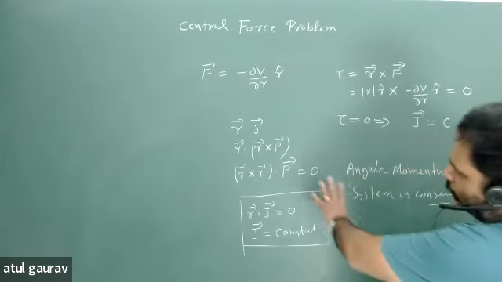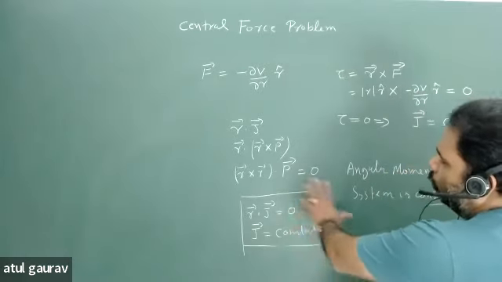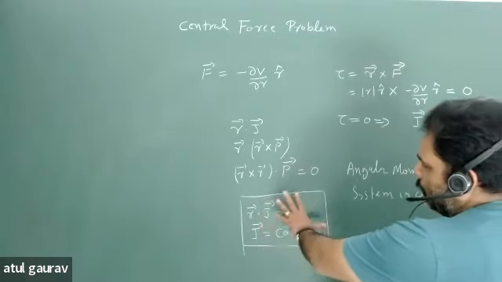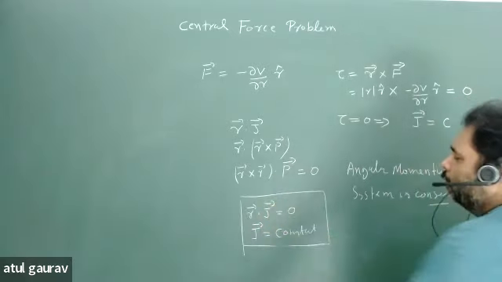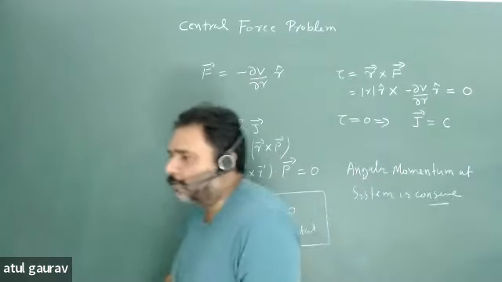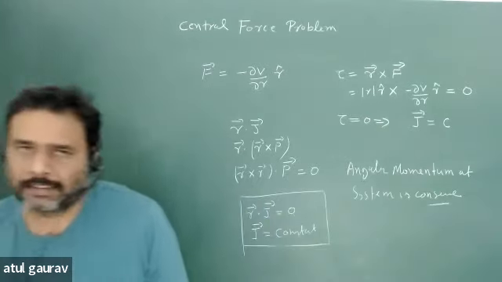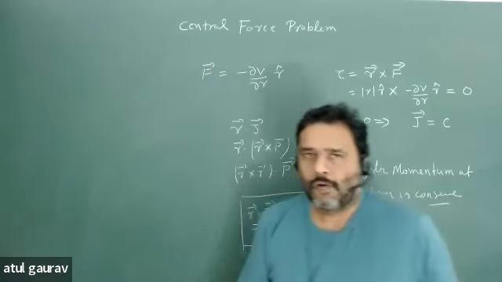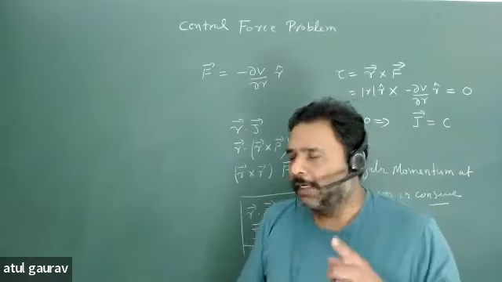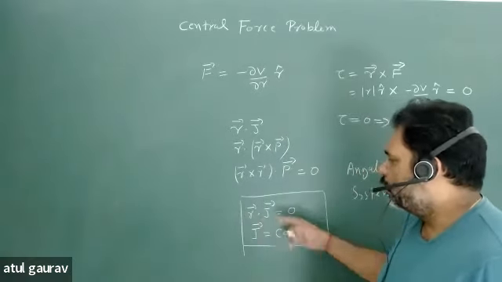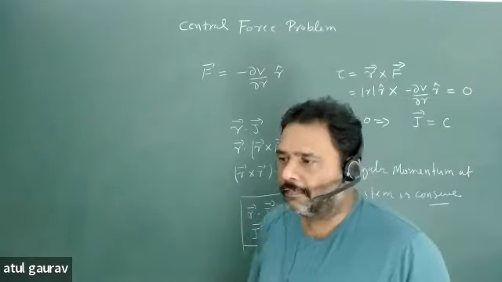And now if you try to see the whole thing in one frame, what can be the conclusion? The conclusion is very interesting. R dot J is equal to 0. What is the meaning of that?